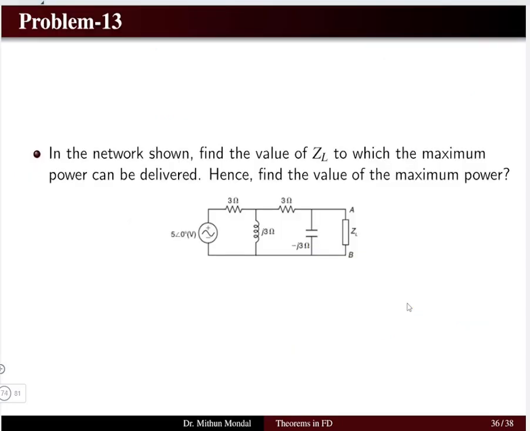Now in this problem, apart from determining the value of ZL, we will determine the maximum power transferred from the source to the load. We have an inductor and a capacitor, and the source is 5 angle 0, an independent voltage source.